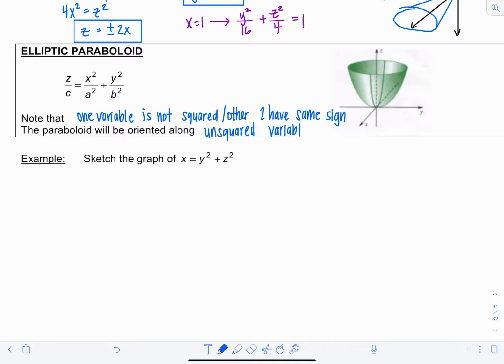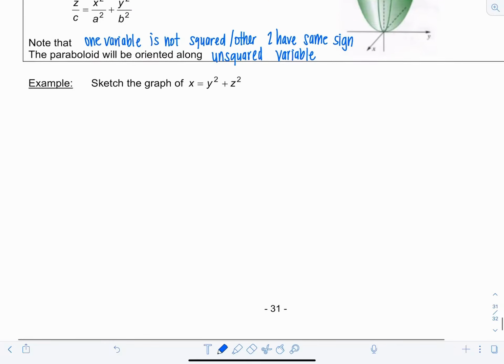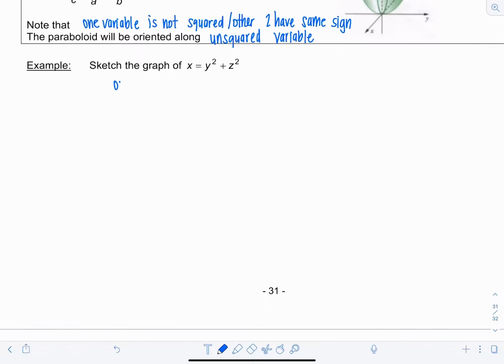Now these elliptic paraboloids we will graph frequently the remainder of the course. So sketch the graph of x equals y squared plus z squared. So I can tell right now this one's going to be opening along the x-axis. So if x is equal to 0, I'm going to get 0 equals y squared plus z squared.